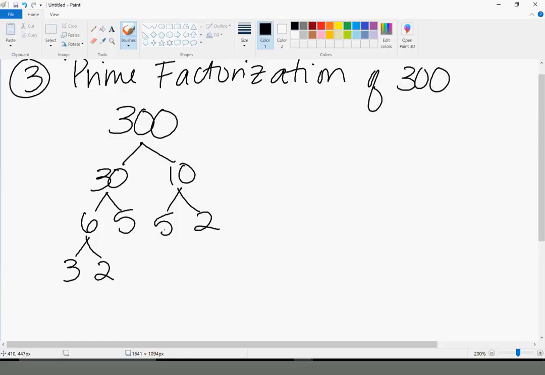So I have now factored 300 all the way down to a prime factorization. Let's list this in order from smallest to largest: 2 times 2 times 3 times 5 times 5.